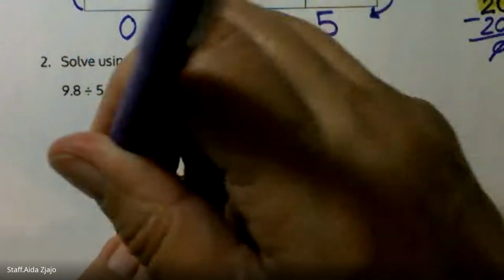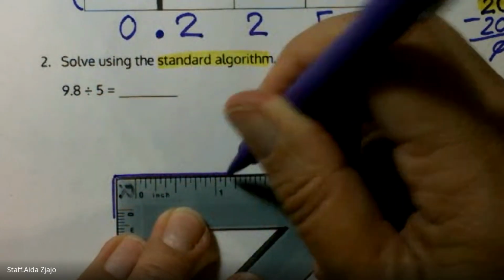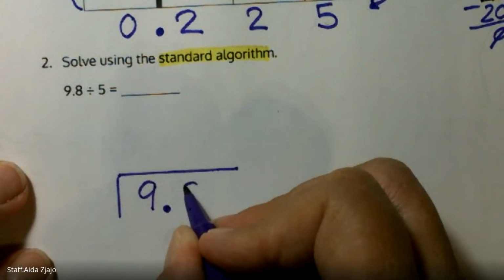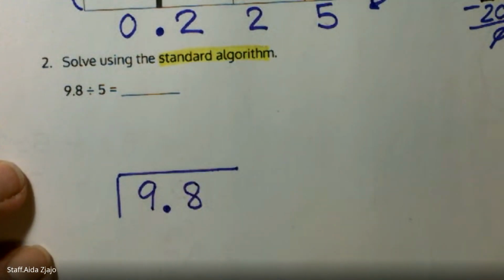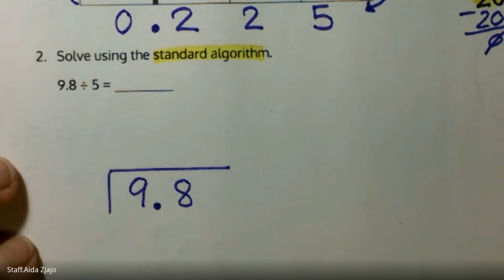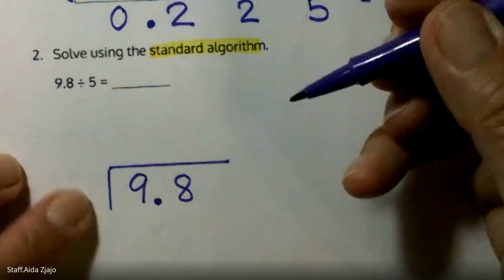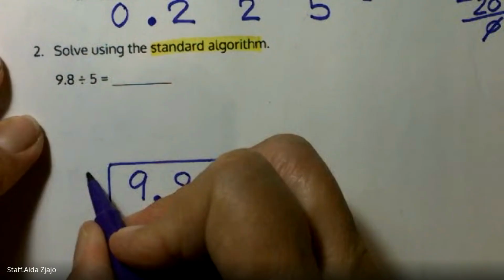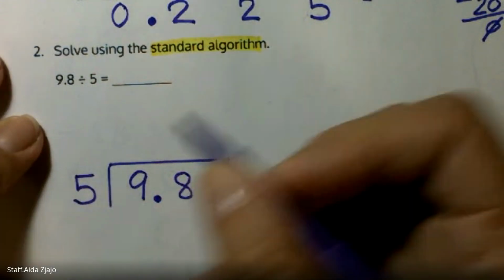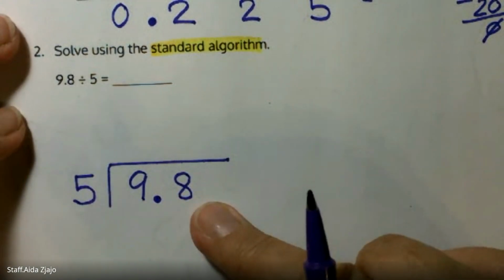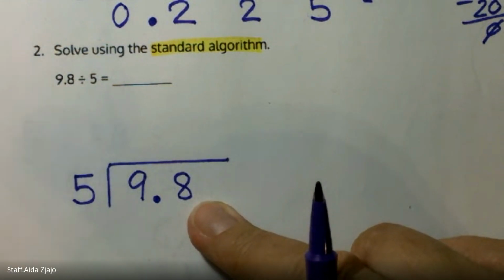I have $9.08, and I need to share that into 5 groups. If I want, I can always add the 0 here, so I will share $9.80.